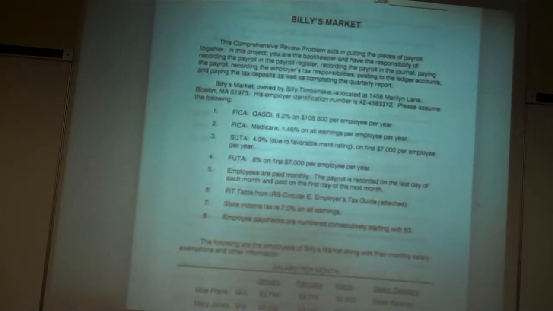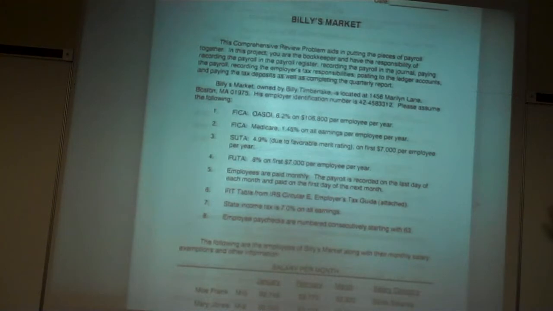Let's say that person, though, is at 106,800 minus $800, and they made $1,000 in the next pay period. How much of the $1,000 would we use to calculate the taxes? Only $800 of that $1,000.